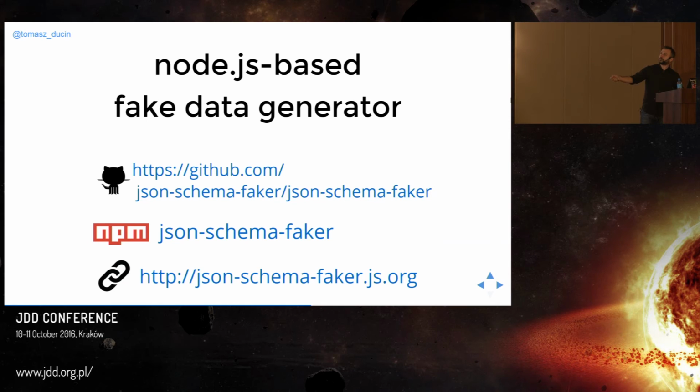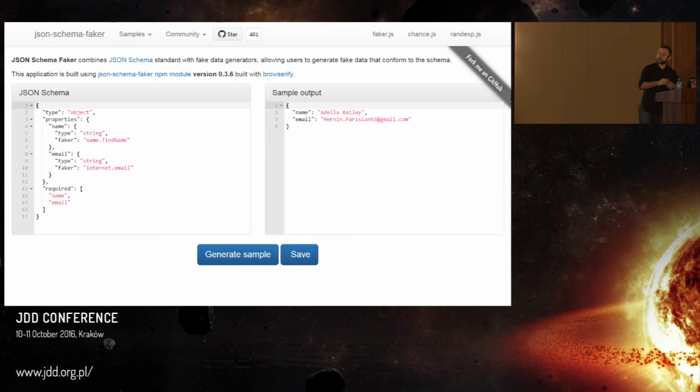I will share the slides of this presentation, but just to briefly show you, we can define a JSON schema with name and email property. We can also define some kind of domain meaning, right? So that the name becomes a real name and the email becomes a real email. And we just generate samples. This might work on the server side, but it can also work offline inside the browser with no backend communication.